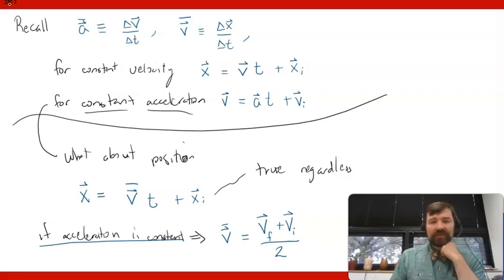All right. And again, we note that these right here could be given the subscript f for final. So basically, that means that my position should be given by (v final plus v initial) divided by 2 times time plus the x initial.